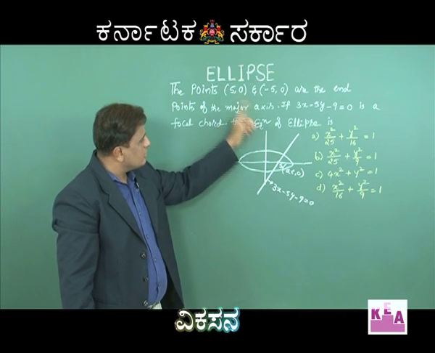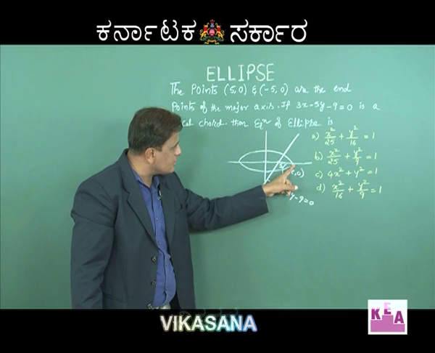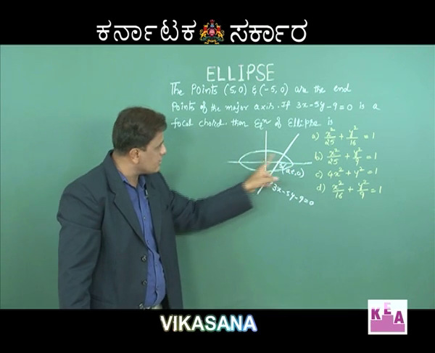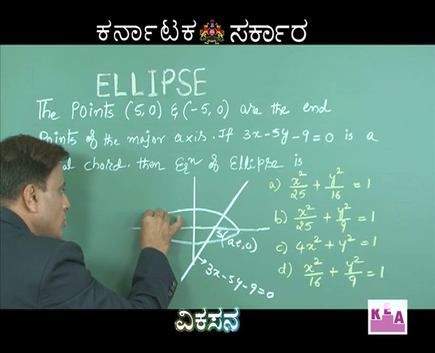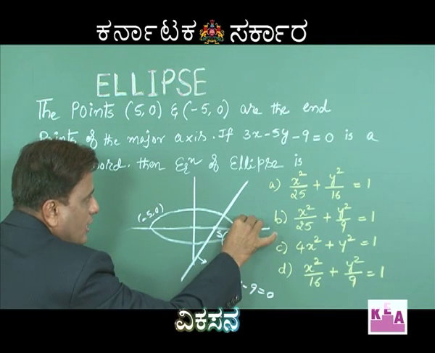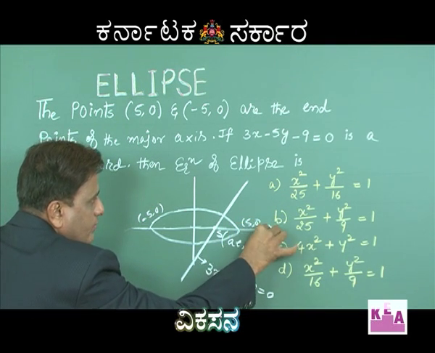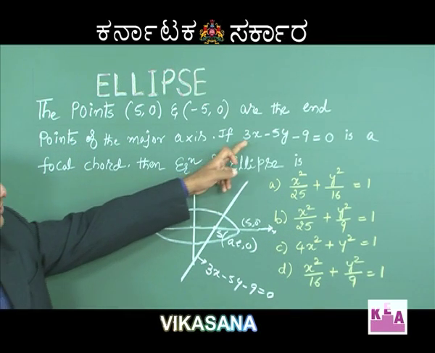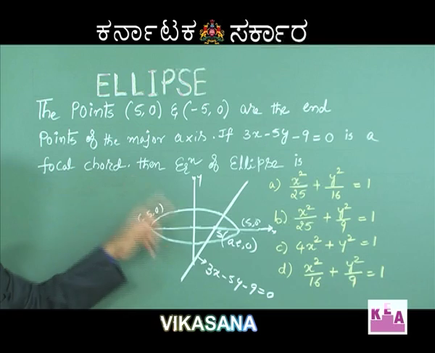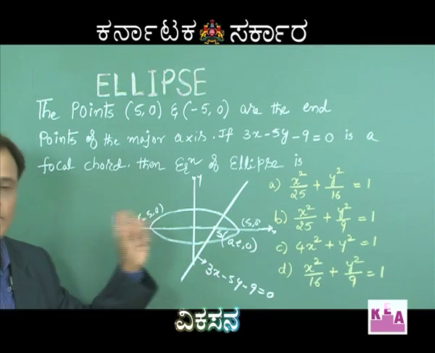This is the major axis, these are the ends of the major axis, (5, 0) and (-5, 0). If this line is a focal chord, then we have to find the equation of the ellipse.